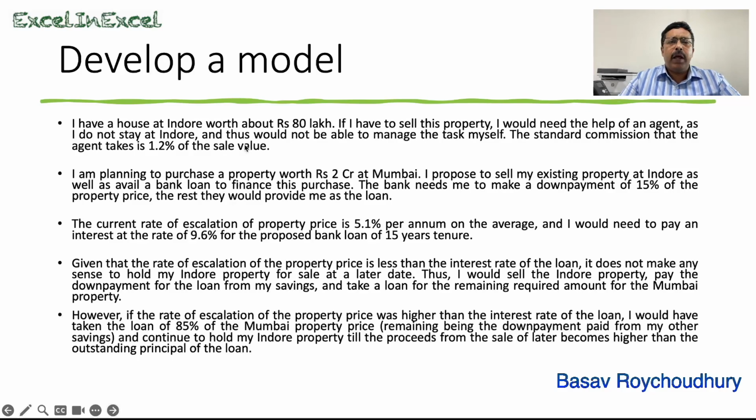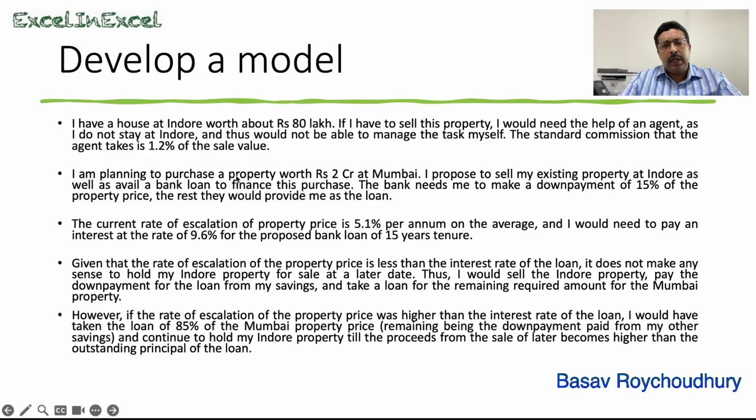Why am I planning to sell this house? Because I want to buy another property in Mumbai which costs 2 crores. I would like to finance this 2 crore based on the proceeds of the sale of my Indore property as well as a bank loan, and the bank loan requires me to make a down payment of 15% from my pocket.